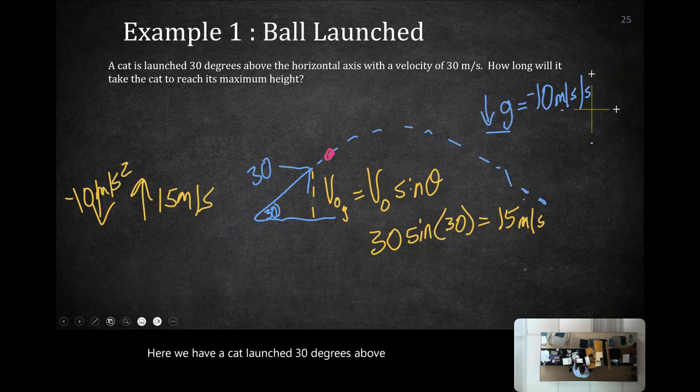After 1 second, I know my velocity is going to be 5 meters per second, because it started off in the y direction as being 15. So 1 second later, with acceleration in the opposite direction, I've lost 10 meters per second. After another half second, then I know my final velocity equals 0, and I'm now at my maximum height. So I've gone 1 second and a half of a second. So t should equal 1.5 seconds.